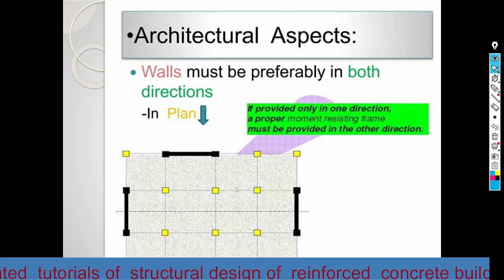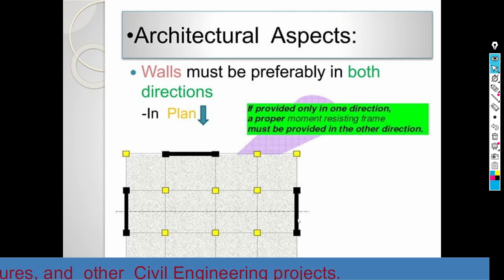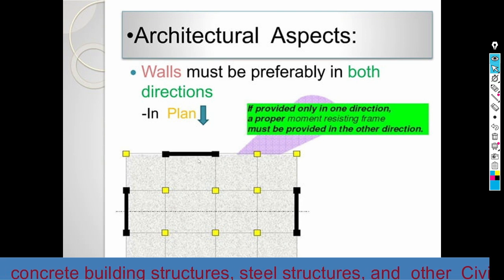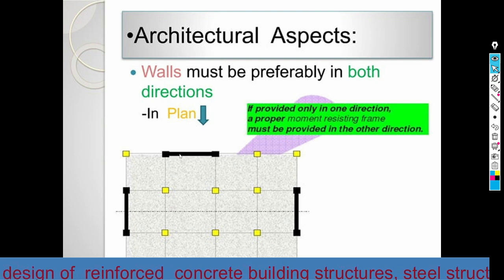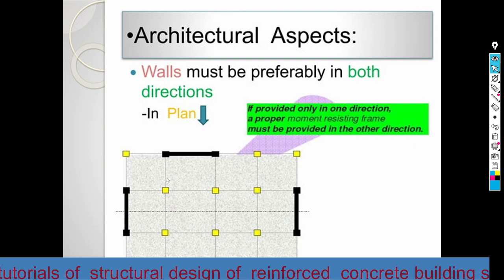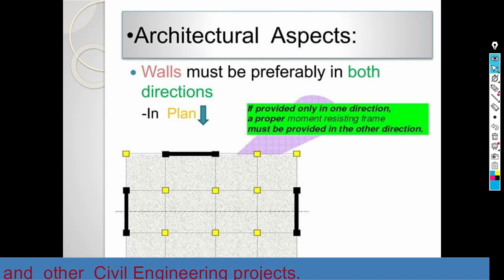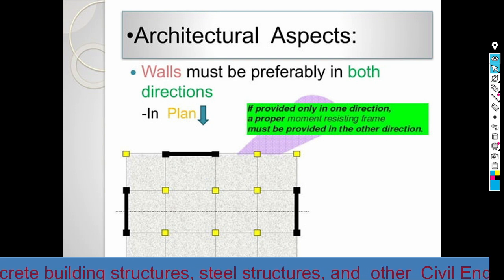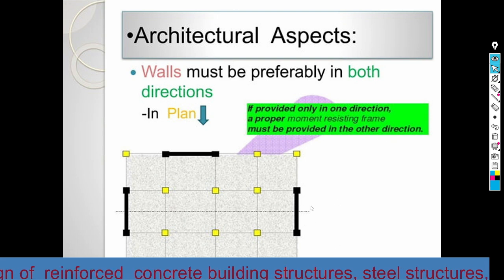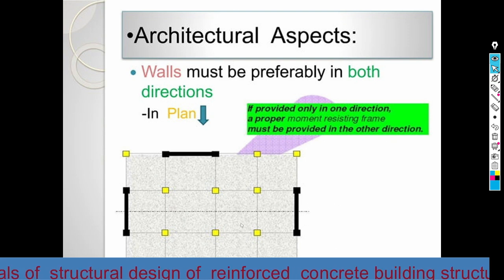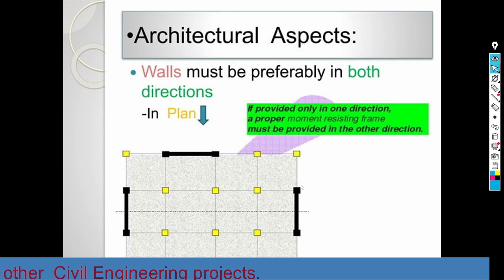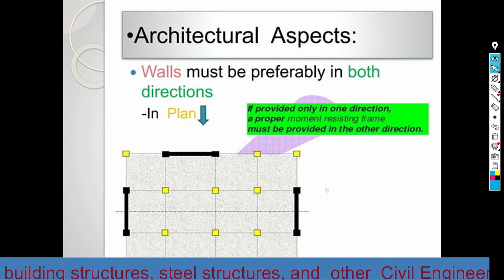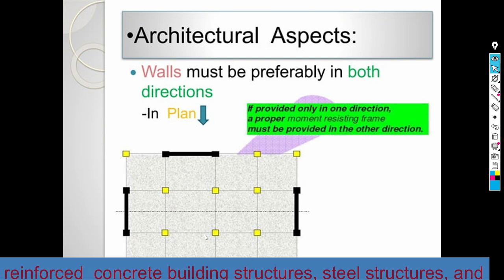Here the wall may be arranged in one direction or it may be provided in both directions. If the walls are provided in one direction, it is advisable to use the moment resisting frame in the other direction just to increase the lateral and the torsional stiffness behavior of the structures.